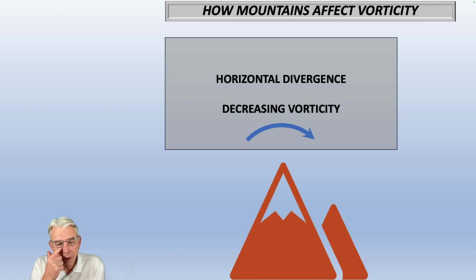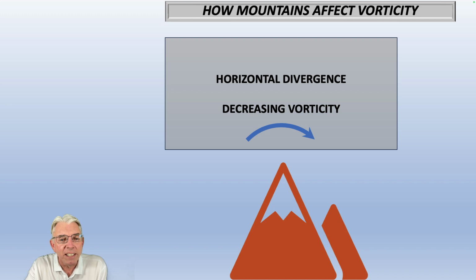In other words, imagine you have a map here, and if a high was sitting down in here, the air would be going anticyclonically around that high, okay? So the isobars start to curve in an anticyclonic manner as that air goes over the mountain range.